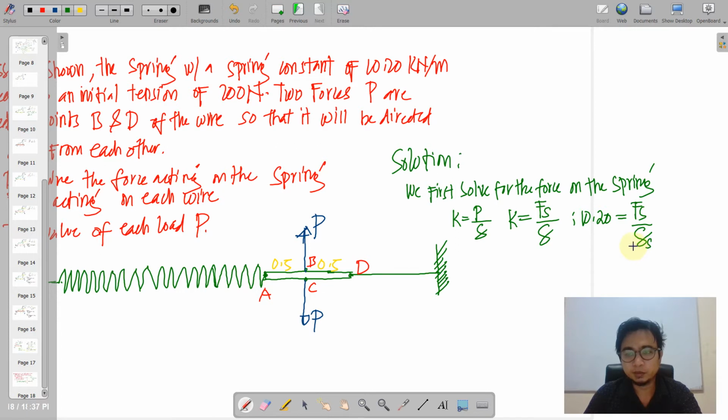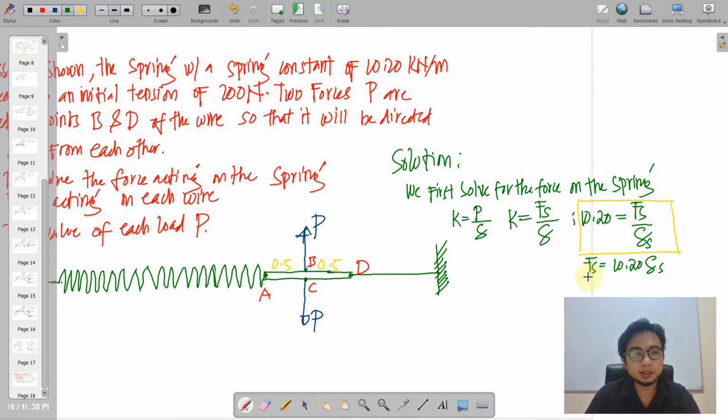So let us leave this for a while. So Fs can be easily derived by cross multiplication of this, 10.2 times delta S. So if we could determine delta S, then we can solve for the force on the spring. But is this really the force on the spring?